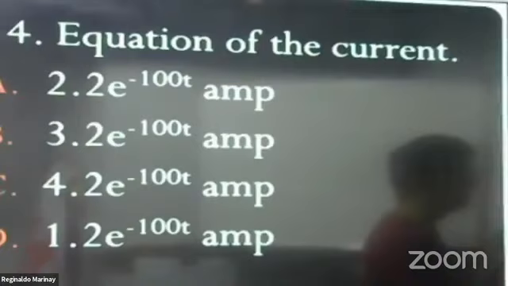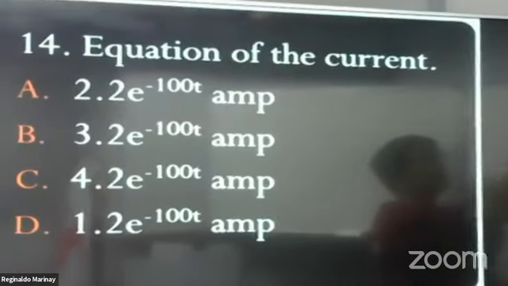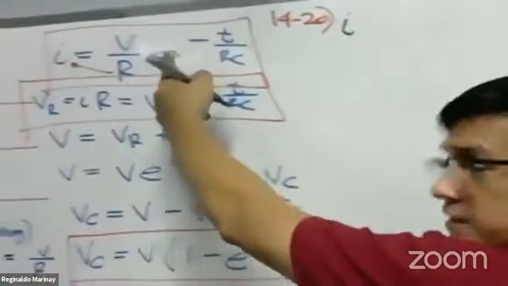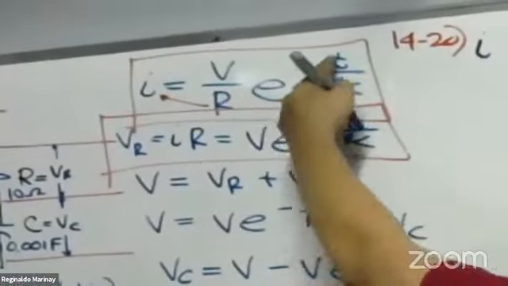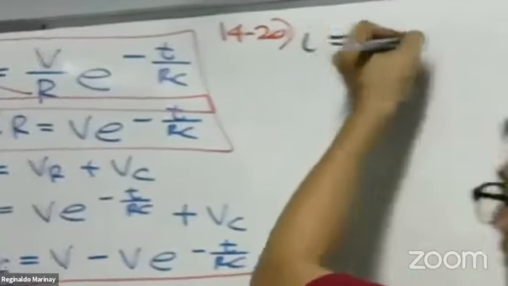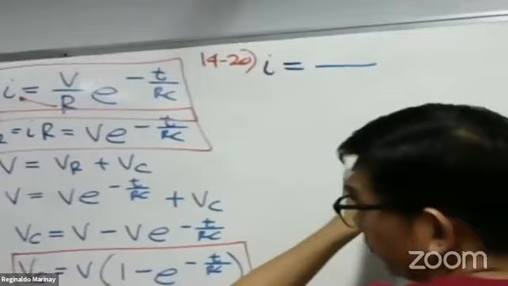The equation of the current. What is the equation for the current? Again, the formula for the current. Okay, so please focus here on the board. This is the formula: V over R e raised to negative t over RC. So let us just substitute. What is our V? That is 12 volts.